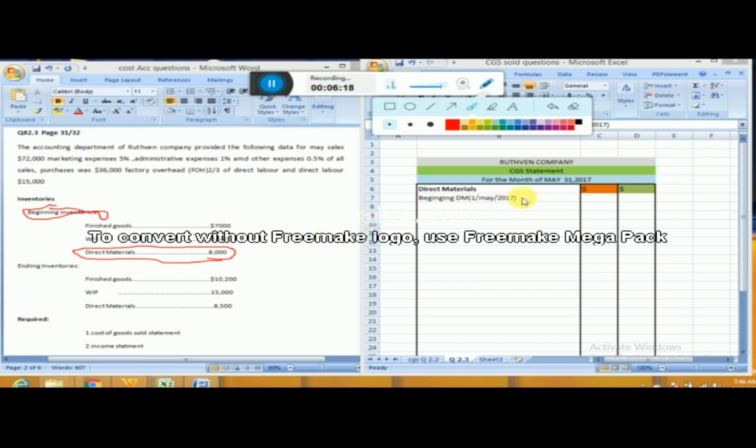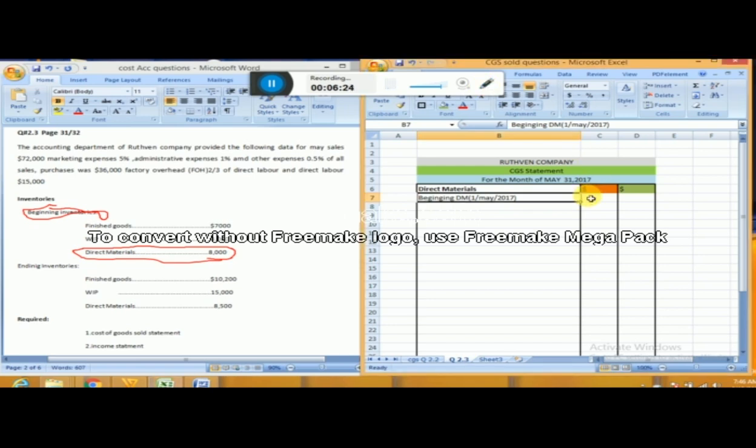So we convert this to, on first date of May, and that is how much? Beginning materials on 1st May, $8,000. The $8,000, these are the materials which we have from the previous month.